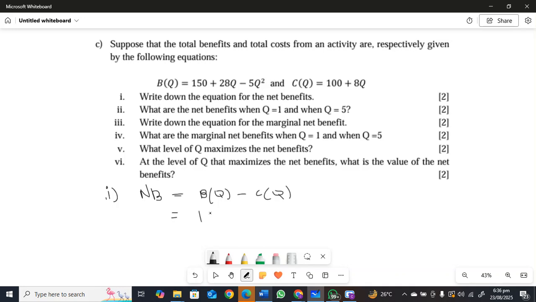So it's 150 plus 28Q minus 5Q squared minus (100 plus 8Q).